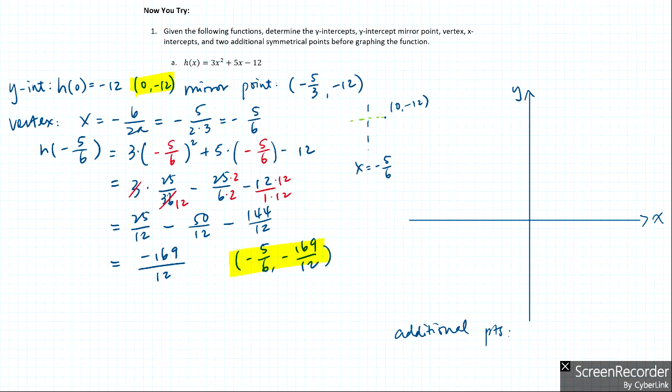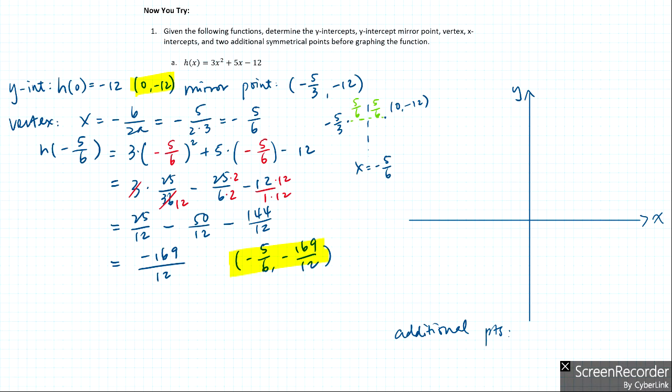If we go another 5/6 on the other side, because we keep going to the left, we keep subtracting 5/6, and this will eventually lead us to negative 5/6 minus 5/6, which would be negative 5/3, being the x-coordinate. And that's how we identify it.